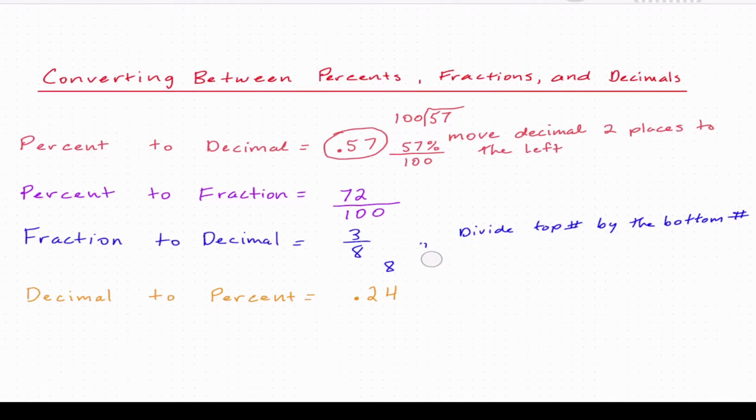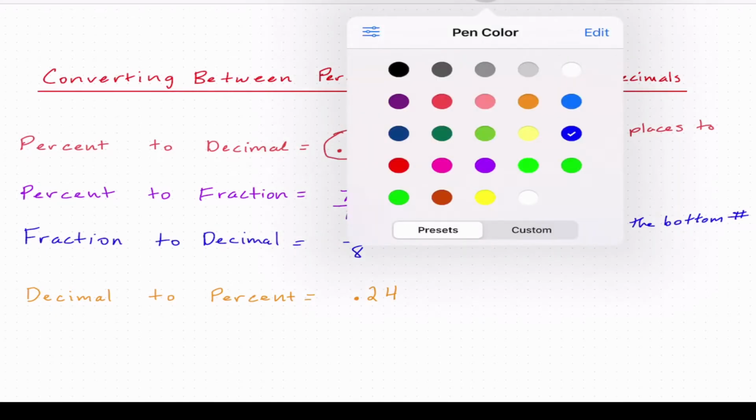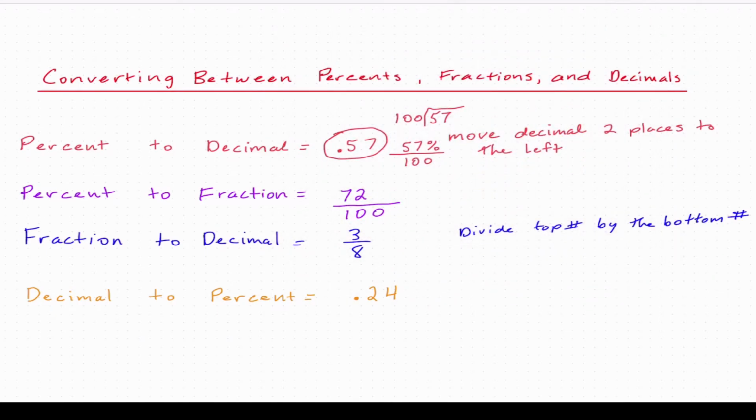Okay, I'm going to erase that real quick so I have room for this other one. Changing a decimal to a percentage is just the reverse of the first one. The little trick here is to move the decimal back the other way, two places to the right this time. So it's the opposite of changing a percent to a decimal.